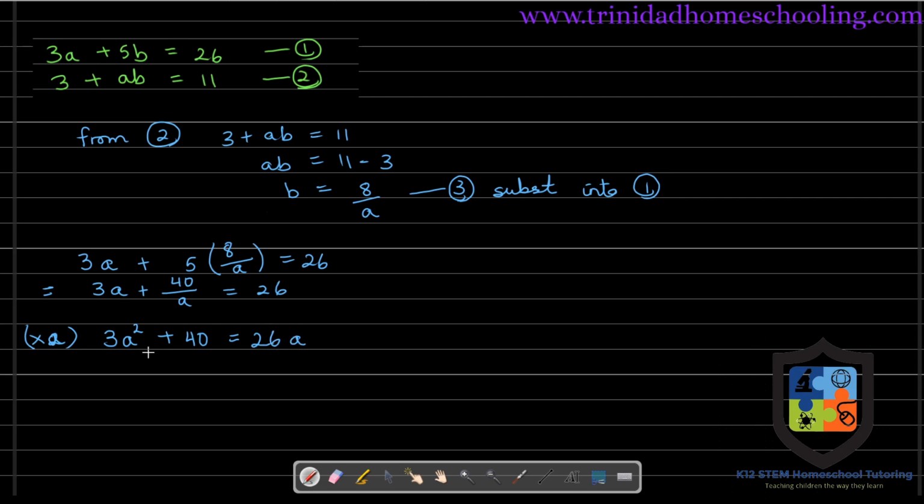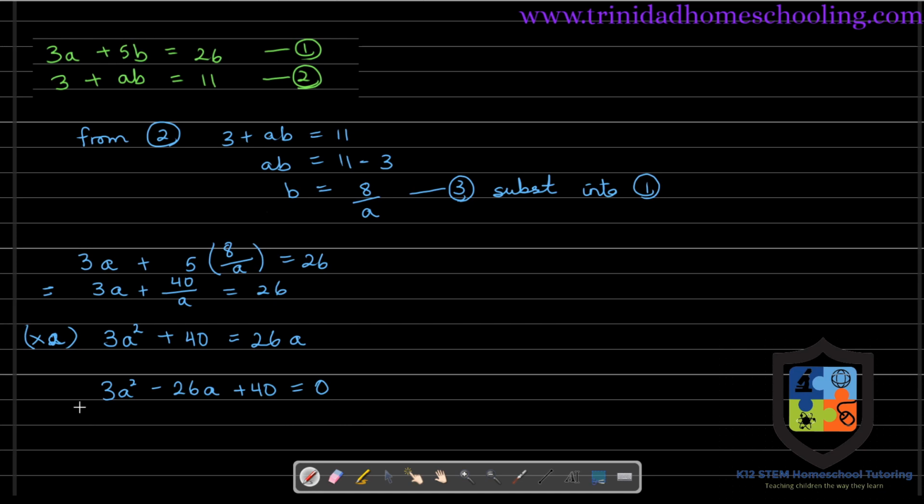Now we see that we have something resembling a quadratic equation. So I'm just going to rearrange this so that it is a quadratic. This 26a will come across here, be minus 26a. This 40 will remain positive, and we have equal to 0 on this side.